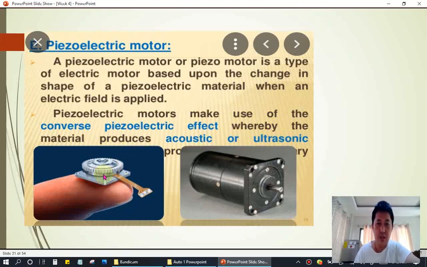So we have here the piezoelectric sensor, and we apply it in our servo motor. One example of our servo motor application is in the auxiliary engine governor, your generator engine governor.